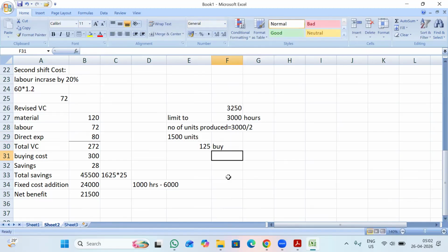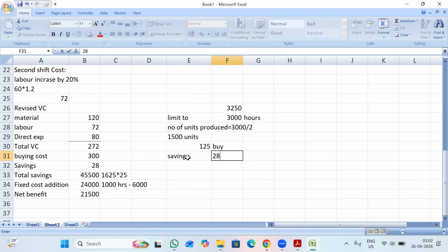In this case, I just want to compute what will be my savings. Here my savings is 28 rupees per unit.